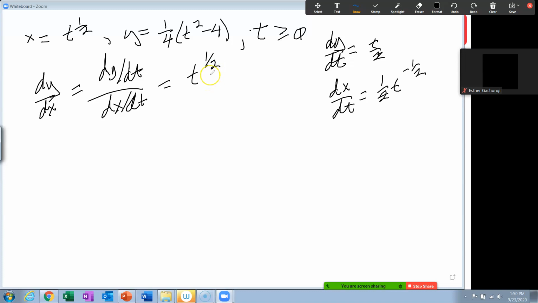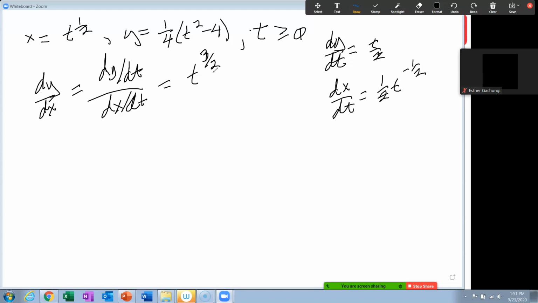Oh, I'm sorry. This was over t to the minus 1/2. So you flip it over and it's t to the 1/2. t times t to the 1/2 is t to the 3/2. Sorry about that. Now, that's the slope at any time t.